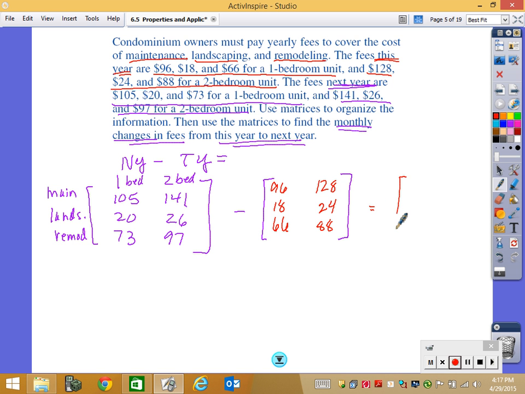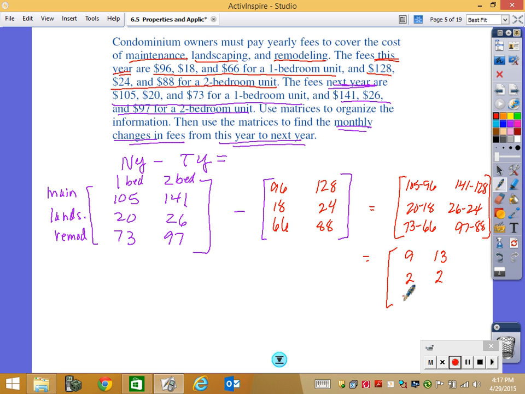So then I will get 105 minus 96, 141 minus 128, 20 minus 18, 26 minus 24, 73 minus 66, and 97 minus 88. Which results in 9, 141 minus 128 is 13, 2, 2, 7, and 9.